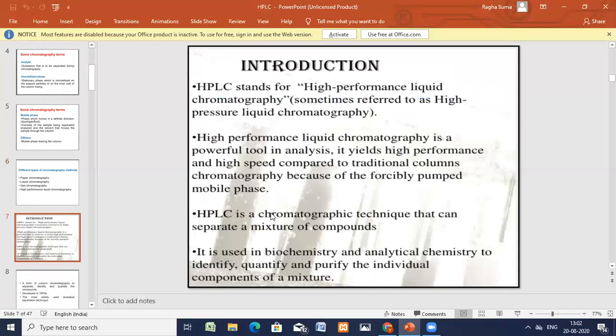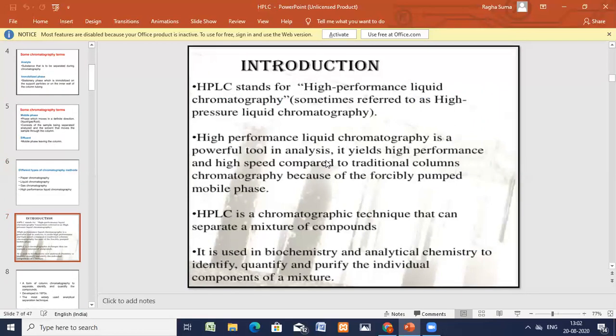Now, what is HPLC? HPLC stands for high performance liquid chromatography. Sometimes it is referred to as high pressure liquid chromatography, since high performance is there as well as high pressure applied. It is a powerful tool in analysis.